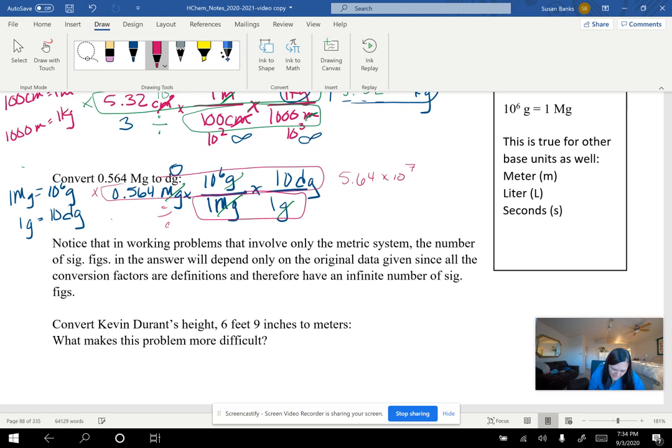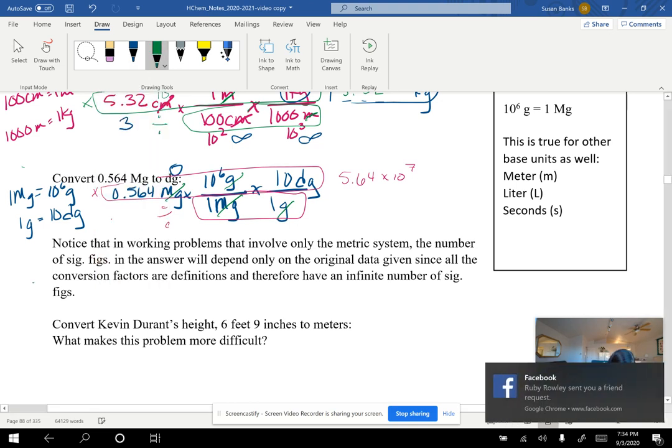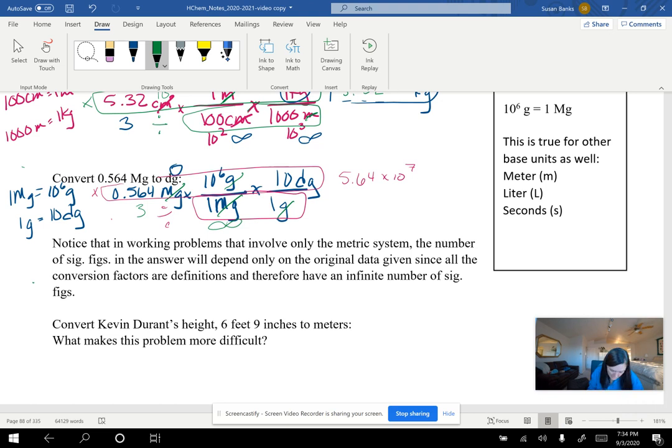So that should give me what I've got here. Now sig figs, let's look at our sig figs here. I've got 3 sig figs here. This is infinite because it is a definition, and I have an infinite sig figs because that is a definition. So 3 sig figs plus my power of 10, and then my unit, decigrams.